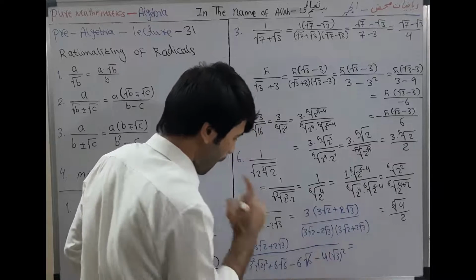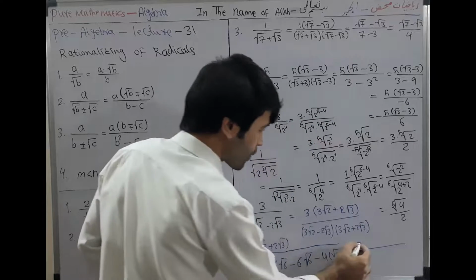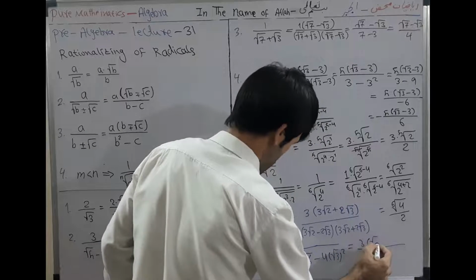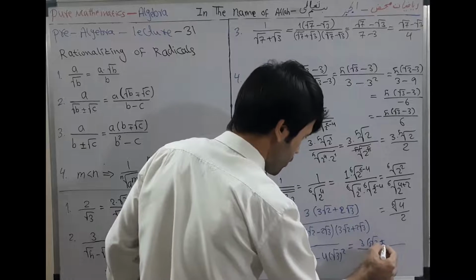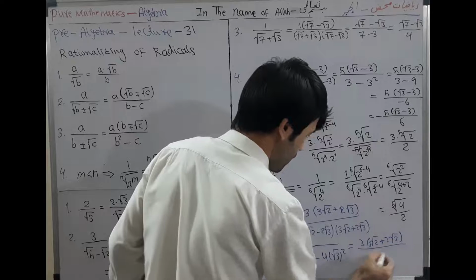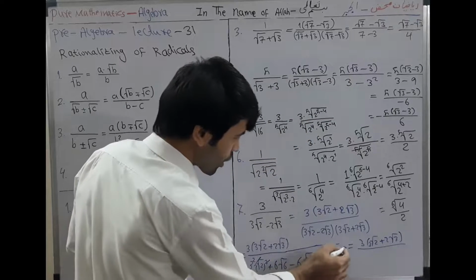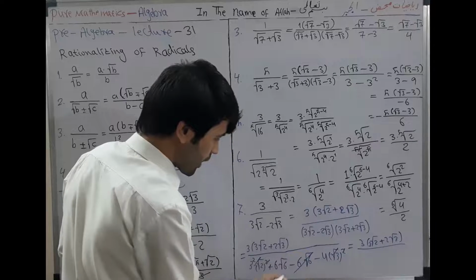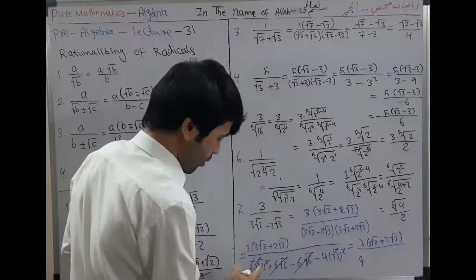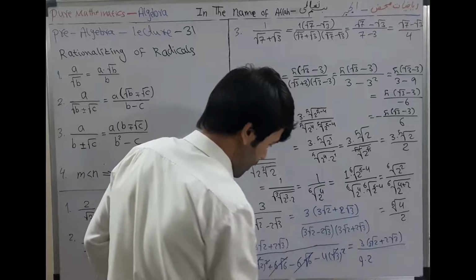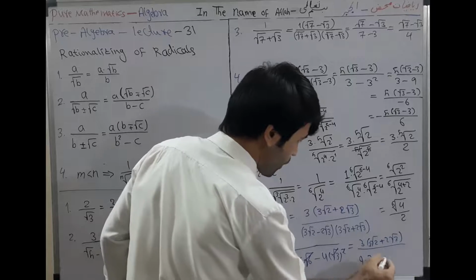It is equal to the numerator 3 into square root of 3 into 3 square root of 2 plus 2 into square root of 3 over 3. These two cancel. Also these two cancel, this also cancels. Here we get 9 multiplied by 2 minus 4 multiplied by 3.